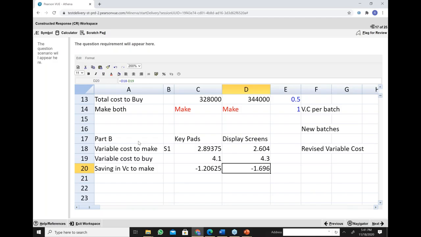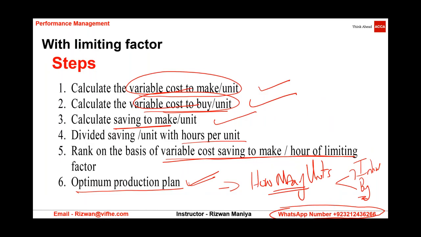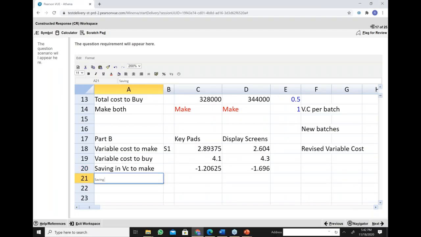Because you have to decide which to make in-house and which to buy from outside. So we have the saving in variable cost to make, step 3. Step 4 says divide saving by hours per unit. So let's work out saving per hour. This saving is divided by the per unit hours. Let's check in the question.